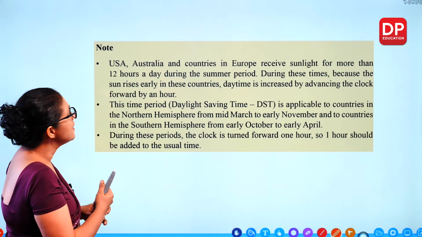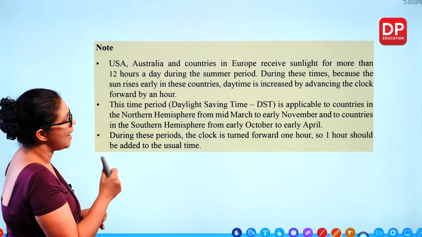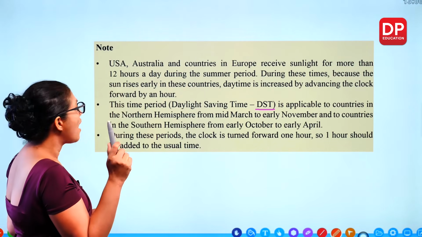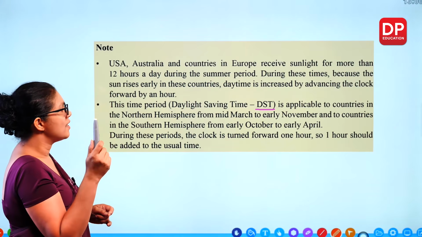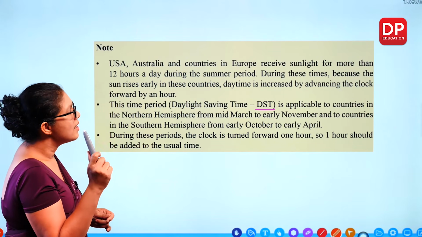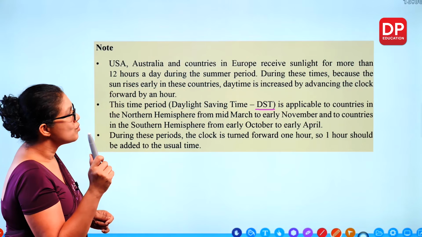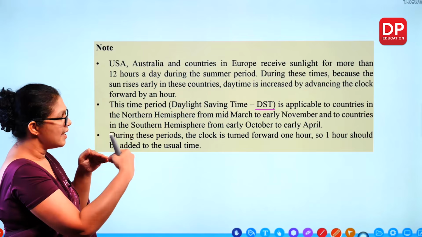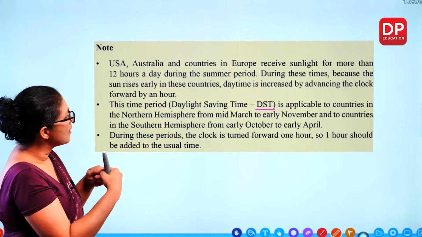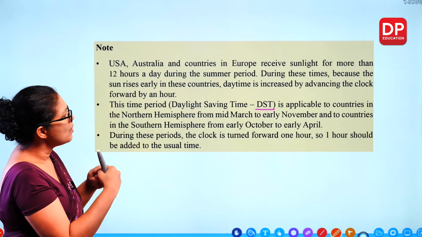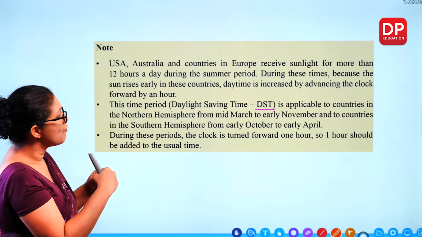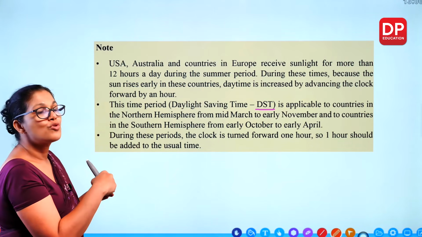This time period, daylight saving time, so that's called DST, is applicable to countries in the northern hemisphere from mid-March to early November, and to countries in the southern hemisphere from early October to early April. Sri Lanka is near the equator. During these periods, the clock is turned forward 1 hour, so 1 hour should be added to the usual time.